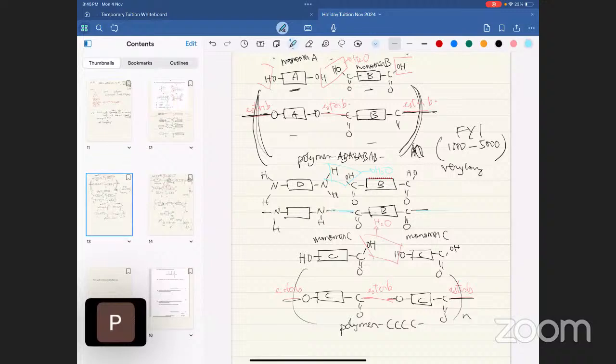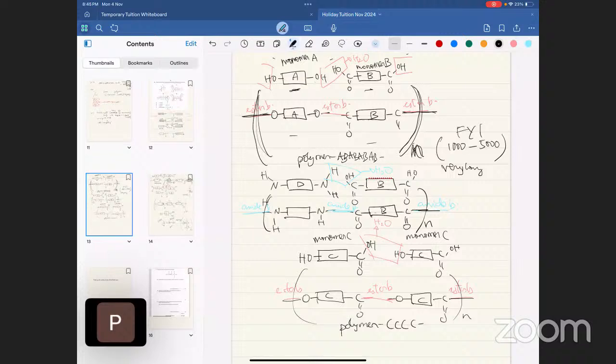Amidify, amide bond, amide bond. Do this a few times, you're ready for exam already. Big bracket, make sure you cross and then put N.